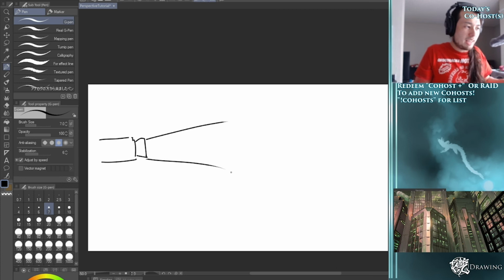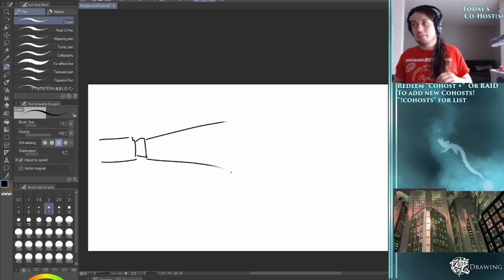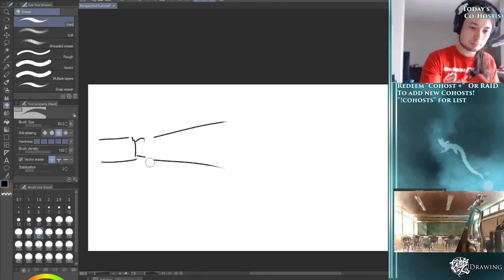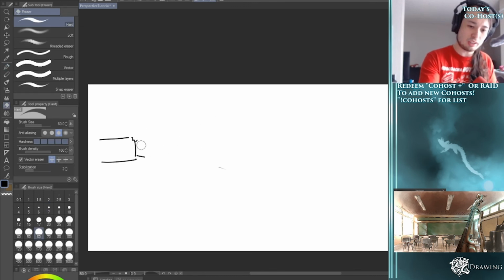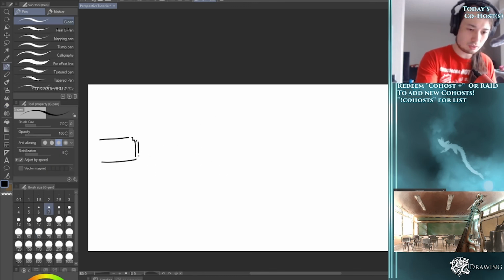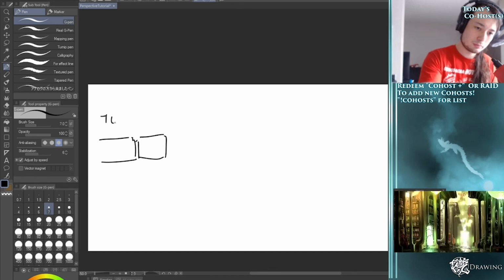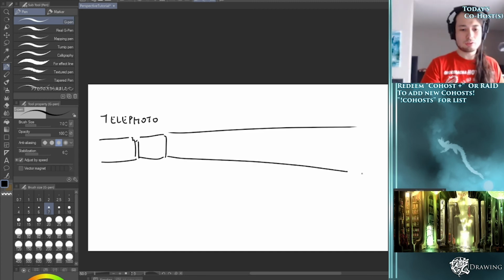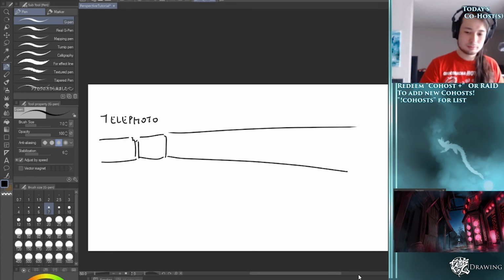There are different kinds of lenses, and they capture the world in different ways. A telephoto lens, a very long lens, will capture a very small part of the world. And that small part is going to be very flat.